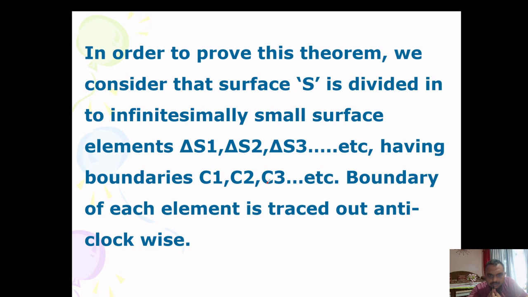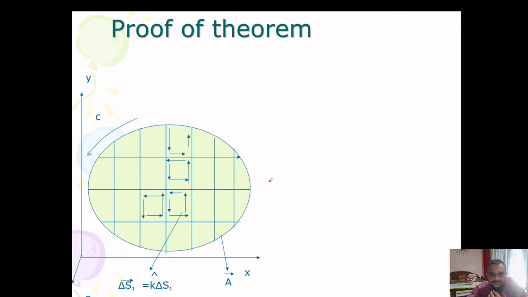So if I want to prove this theorem, we consider that a surface is divided into infinitesimally small surface elements having boundaries. So the boundary of each element is traced out anti-clockwise.